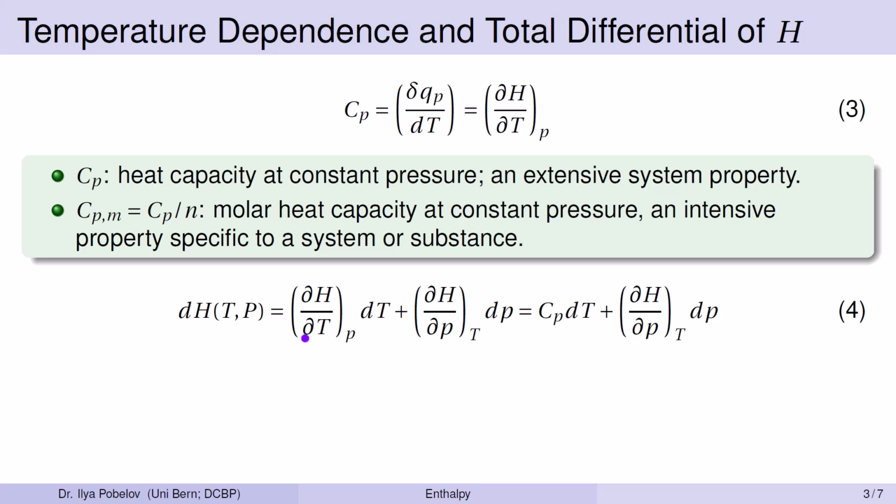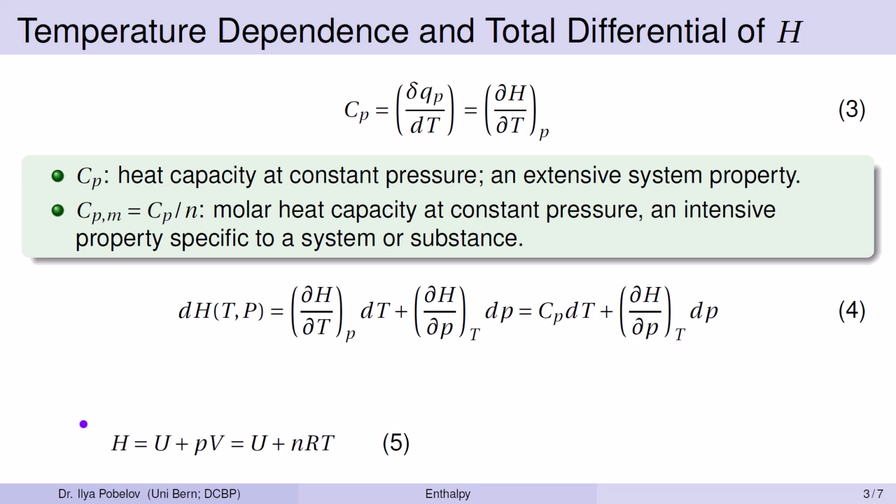The temperature dependence of enthalpy at constant pressure is given by the heat capacity at constant pressure, while the pressure dependence of enthalpy at constant temperature is given by another term. The second term should in general be taken into account, but we will not explore it.